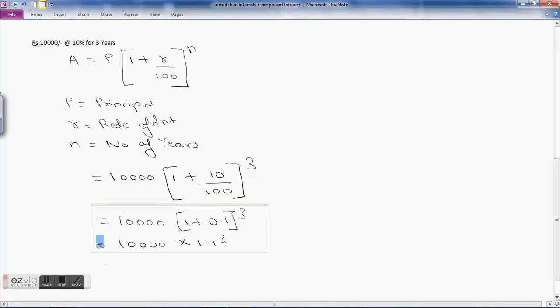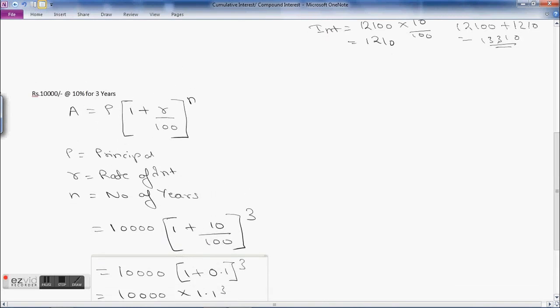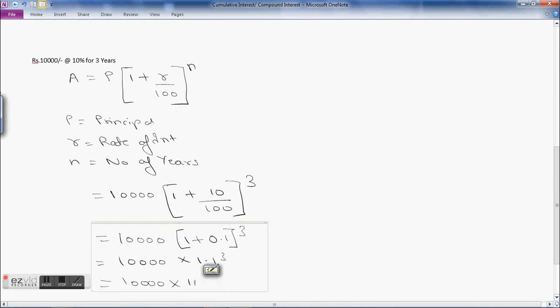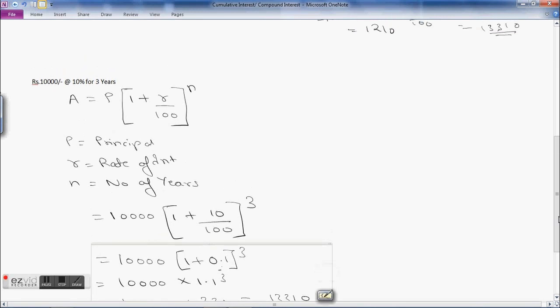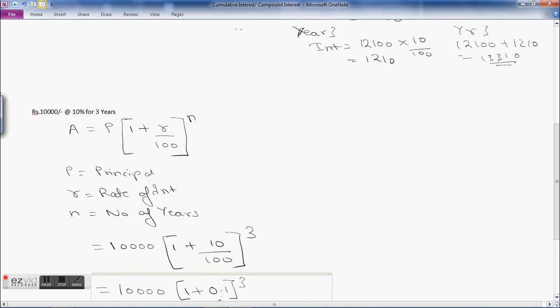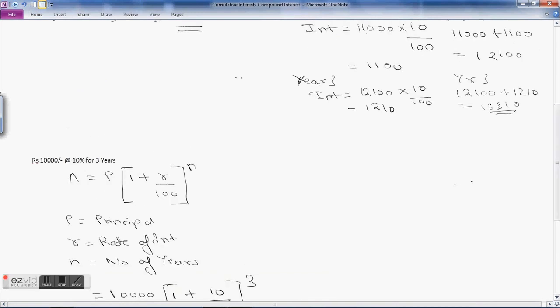So that comes to 10,000 into 1.331, which is 13,310. If you see, as per our earlier calculation we got the same amount here.